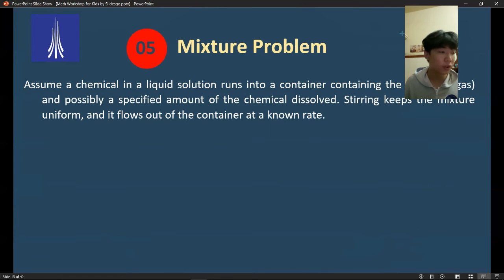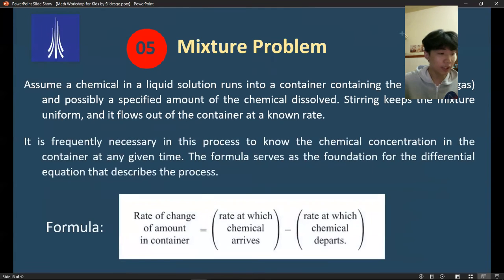Stirring keeps the mixture uniform and it flows out of the container at a known rate. It is frequently necessary in the process to know the chemical concentration in the container at a given time. The formula serves as a foundation for the differential equation that describes the process. So in this case, we have the formula below.